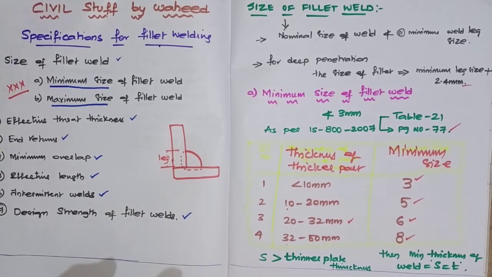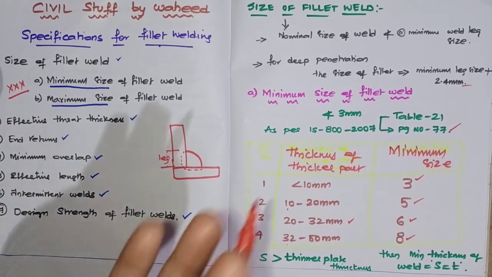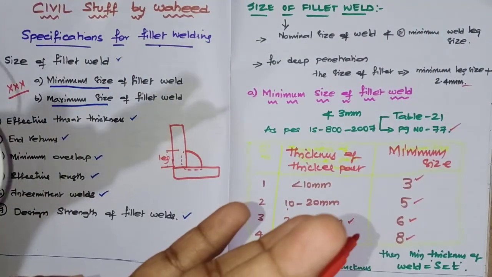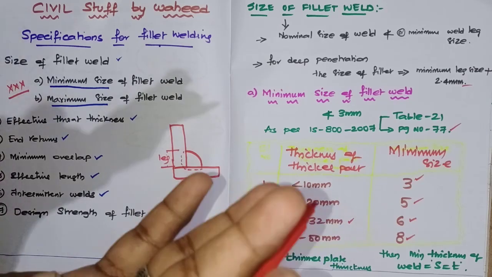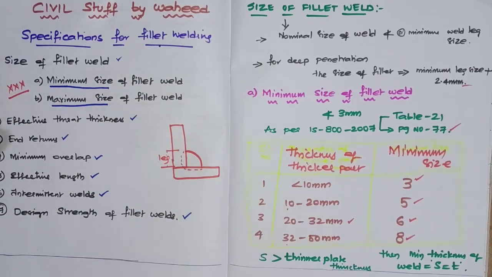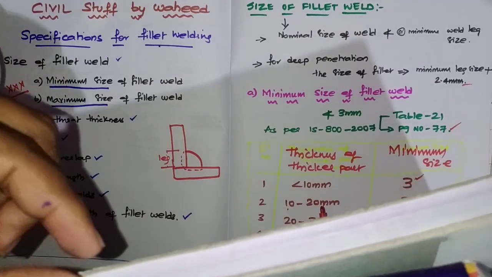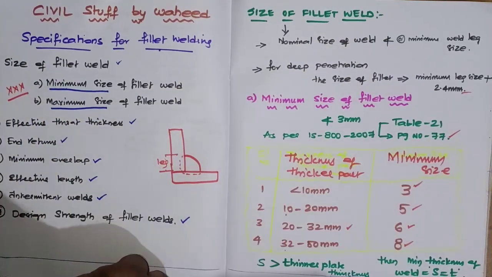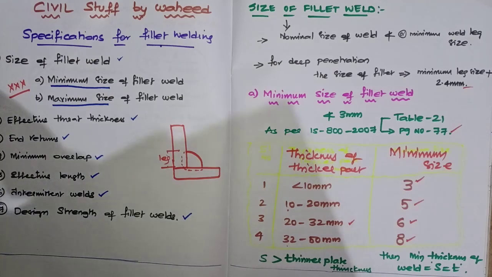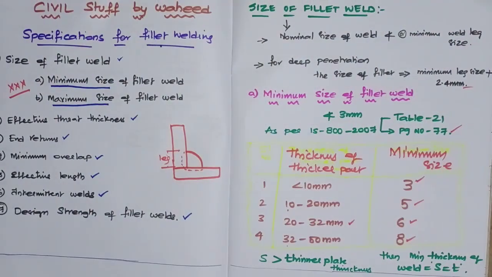Suppose the size of the weld comes out greater than the thinner plate thickness when you are joining two members, one thinner and one thicker. In those situations the size of the weld should be equal to the thickness of the member.